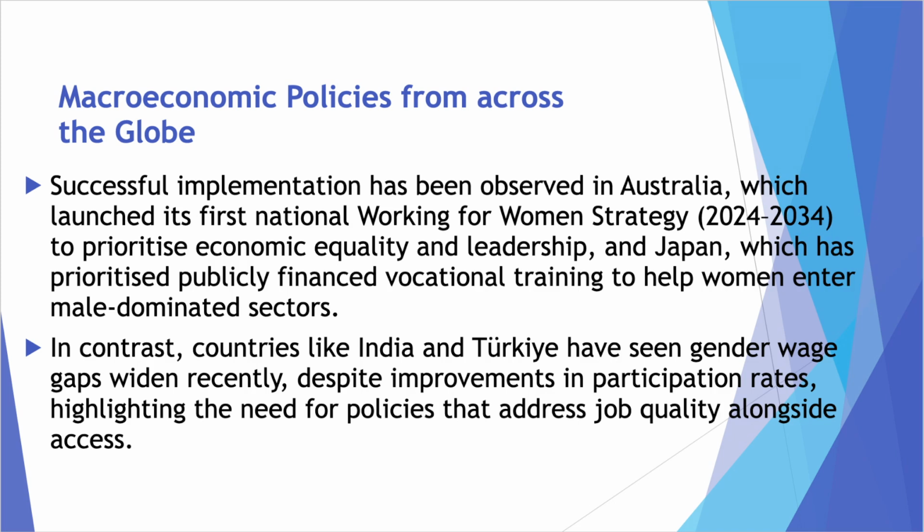And Japan, for example, has prioritized publicly financed vocational training to help women enter male-dominated sectors. In contrast, countries like India and Turkey have seen gender wage gaps widen recently, despite improvements in participation rates, highlighting the need for policies that address job quality alongside access.